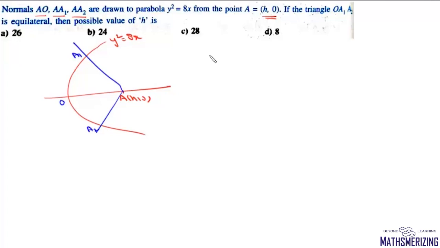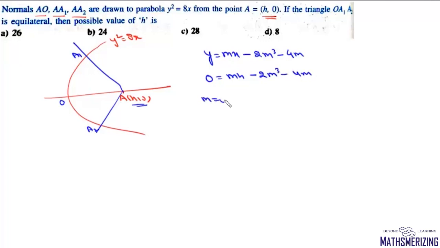So we know that the equation of normal will be y equals mx minus 2am minus am cube. a in this case is 2, so it will be 2m cube and then minus 2am, so it will be simply 4m, and this normal will pass through this point h, 0. So we'll put y as 0 and x as h. So we'll get 0 equals mh minus 2m cube minus 4m.